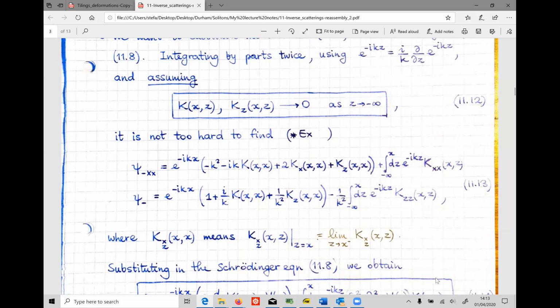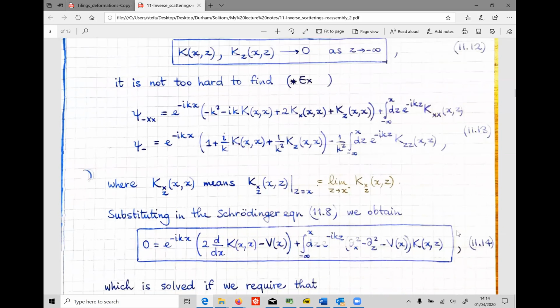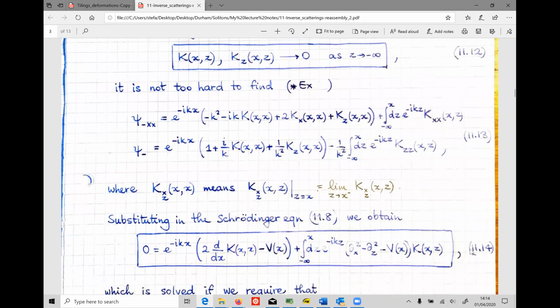plug this expression for psi minus and its second derivative into the Schrödinger equation with potential V. And when you do that, you obtain the expression that you read in 11.14. So we have two terms here on the right-hand side, and the sum has to be equal to 0. First we have the quantity in brackets, which is multiplied by e to the minus ikx.